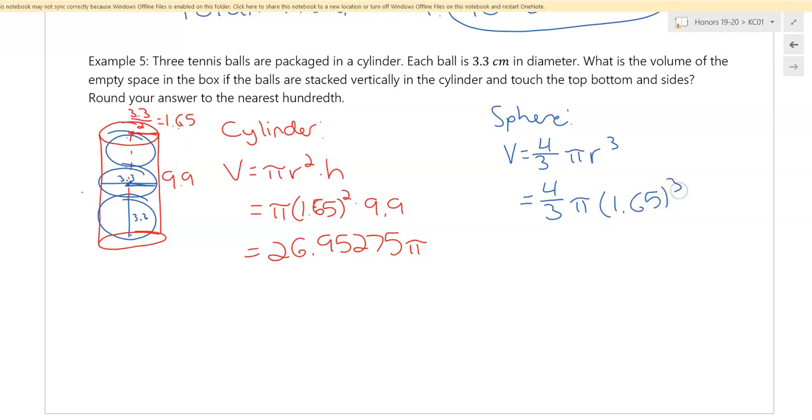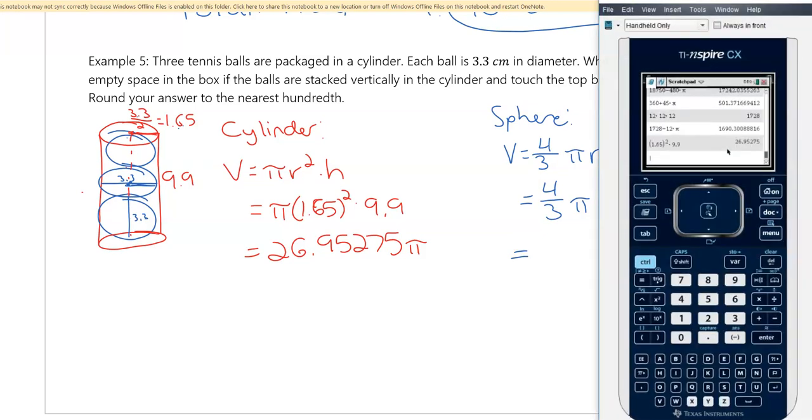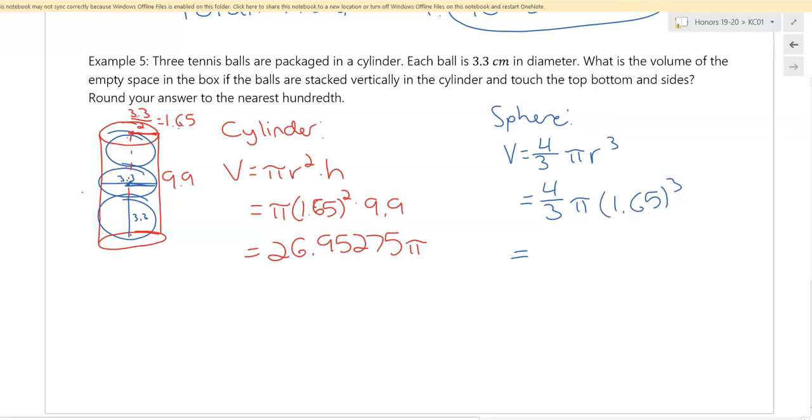They have the same type of radius. So we have 4 divided by 3 times 1.65 to the third. We get 5.9895 pi.